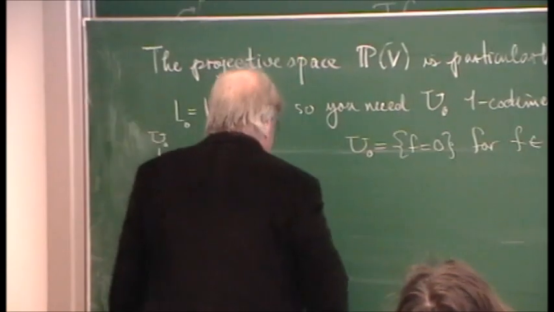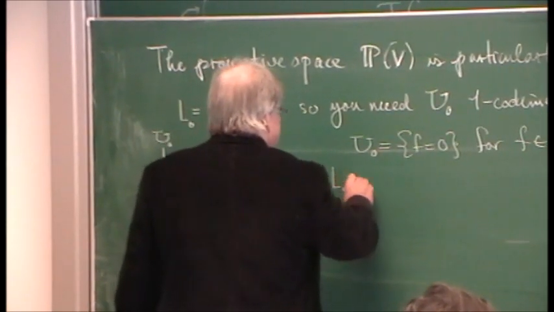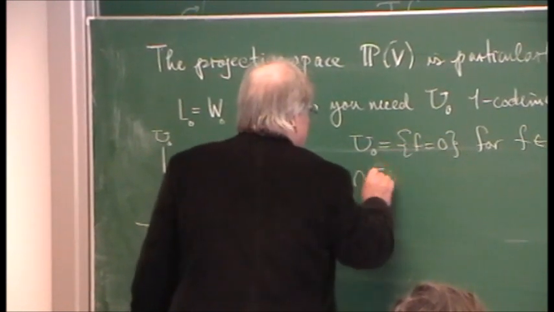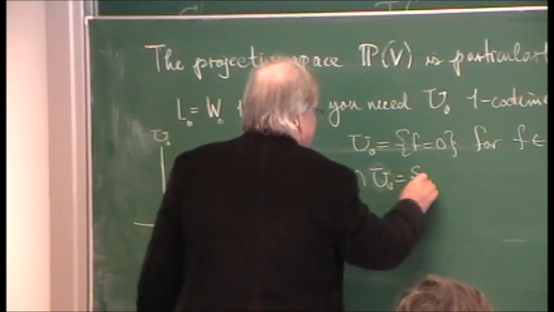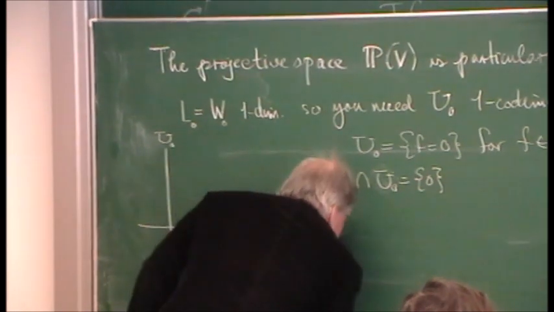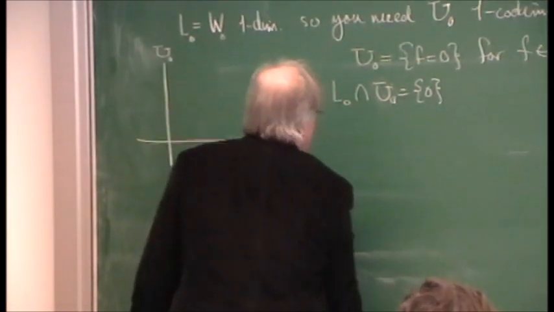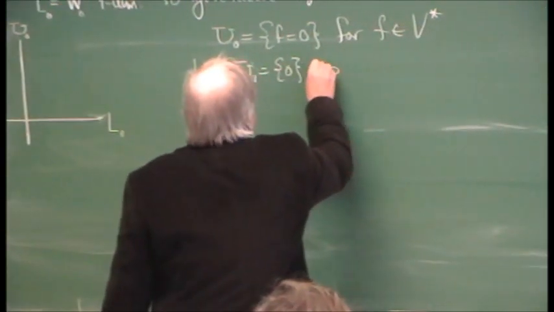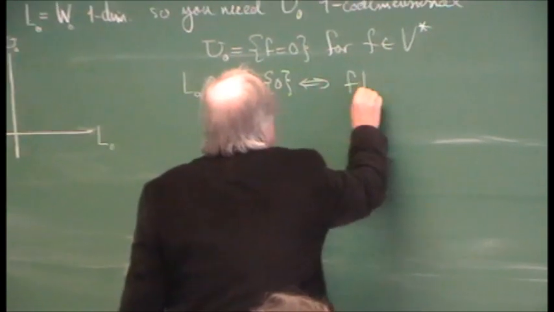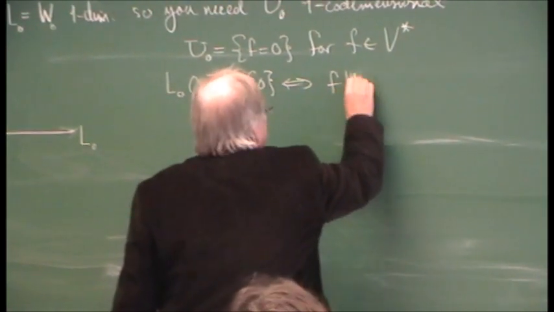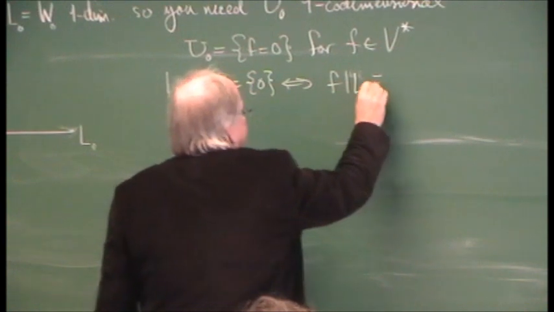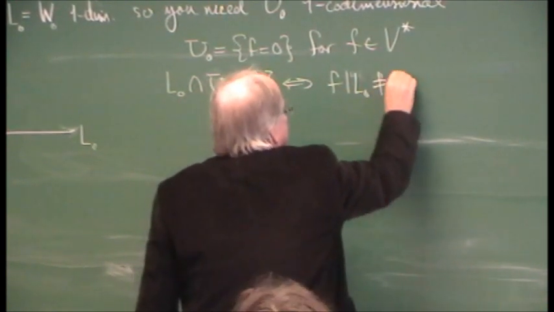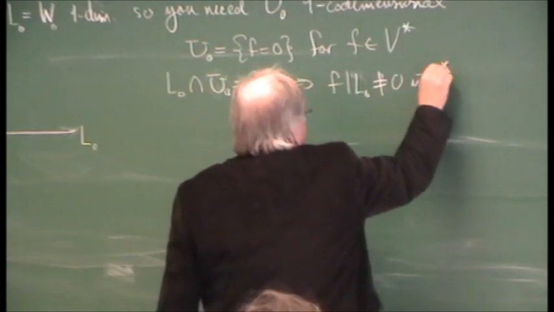So L intersect this thing is trivial. Many things follow. For example, it means that f restricted to L0 is not 0 in L0 star.